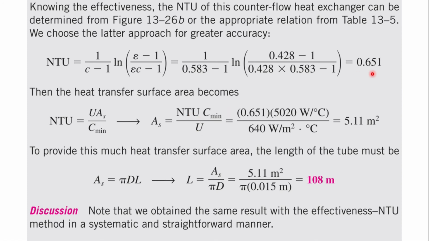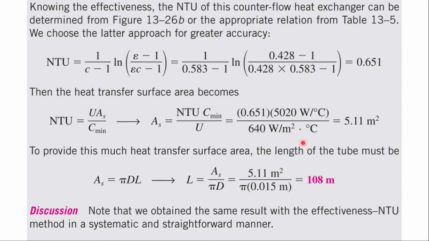Yes, we have the value of the number of transfer units, which is 0.651, and C min that we calculated in the previous slide, and U, the overall heat transfer coefficient, which is also given in the question statement, right? After putting all the values of NTU, C min, and U, we will have the same surface area, that is 5.1.